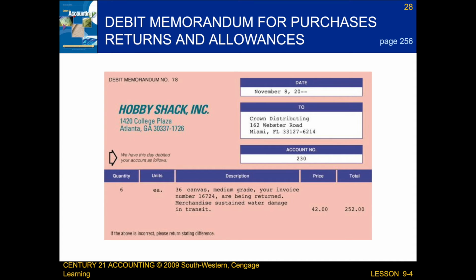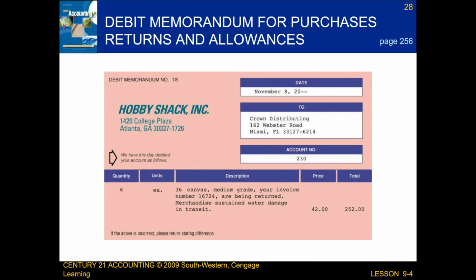Alright, next we're going to be talking about the debit memorandum for purchases, returns, and allowances. So what we're essentially looking at here is the debit memorandum for purchases, returns, and allowances. As you can see here, this debit memorandum number is 78.